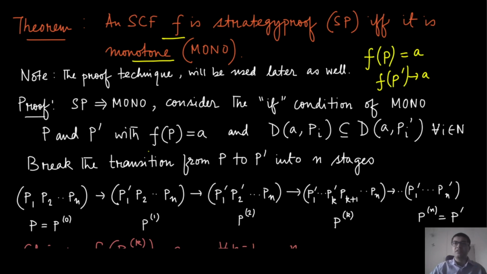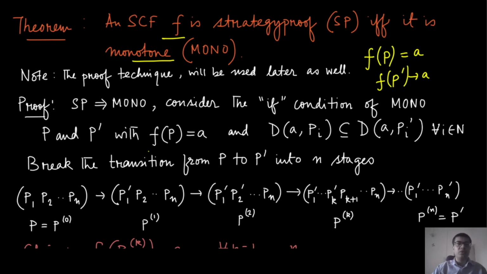In some sense, the position of A is monotonically increasing or non-decreasing in the new profile context. You should continue to have the same outcome from the social choice function.